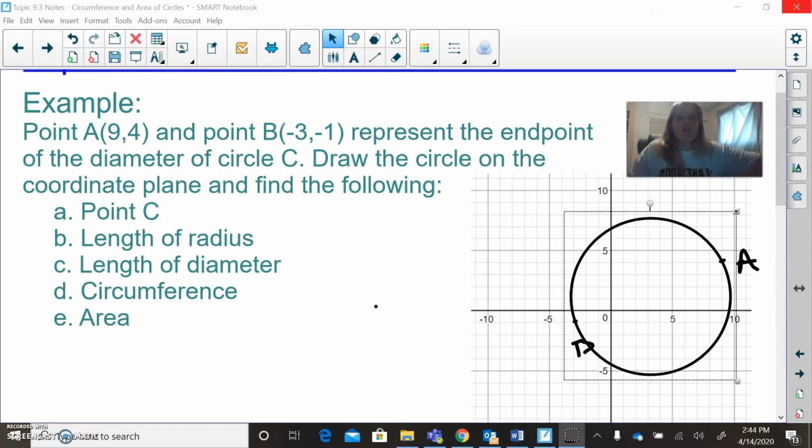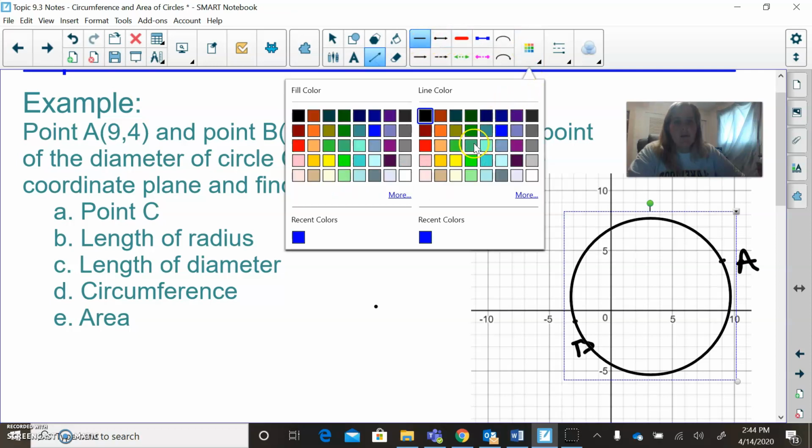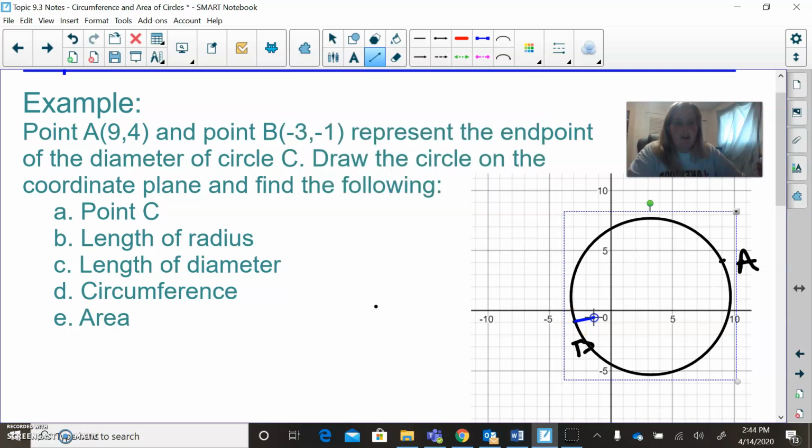Okay, guys. We've got point A at (9, 4) and point B at (-3, -1). They represent the endpoints of the diameter. So the diameter is this line that goes from B to A, or A to B, whatever you want to call it.